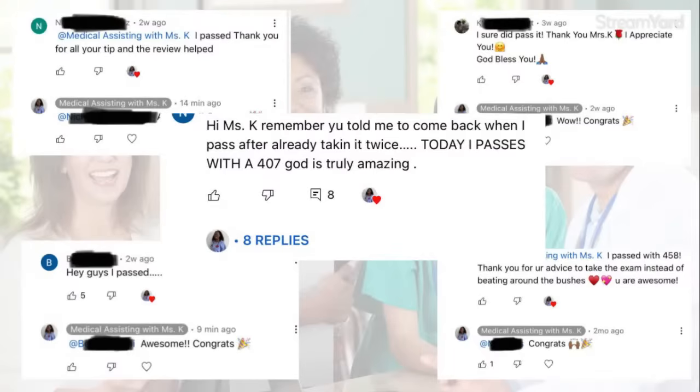But the AAMA is an organization that administers the CMA, the Certified Medical Assistant exam, and the NHA is an organization that administers the CCMA exam. So I hope that cleared it up a little bit. So AAMA and the NHA are the certifying organizations. The actual certifications are CCMA, RMA, and CMA. So I hope that helped.